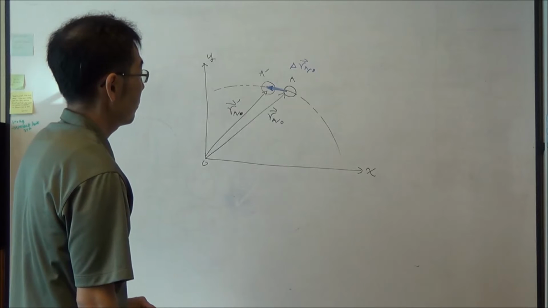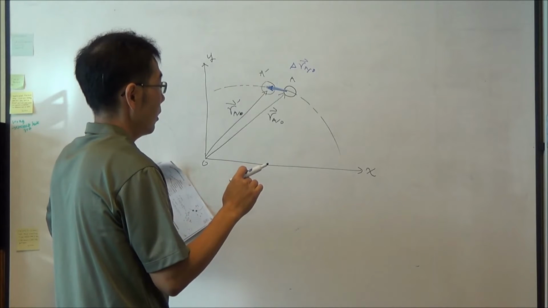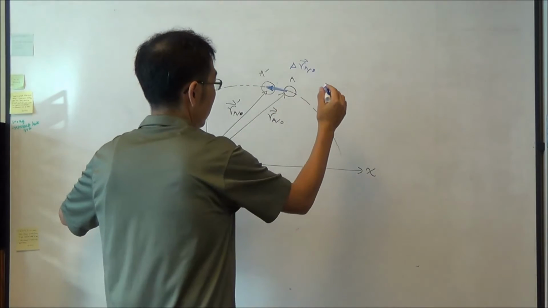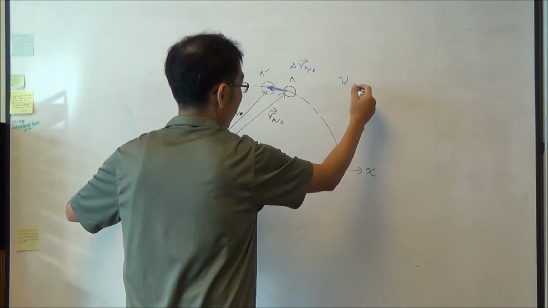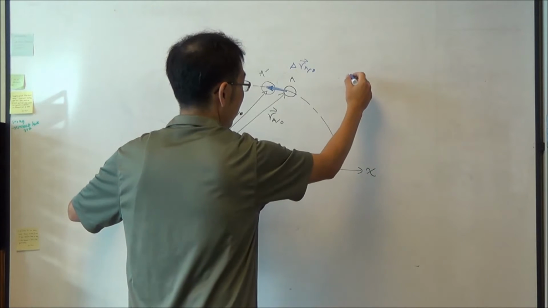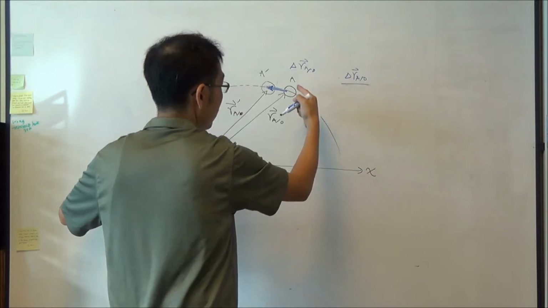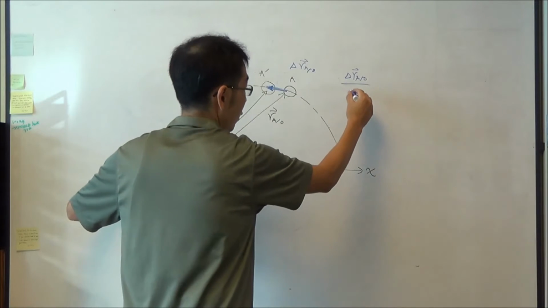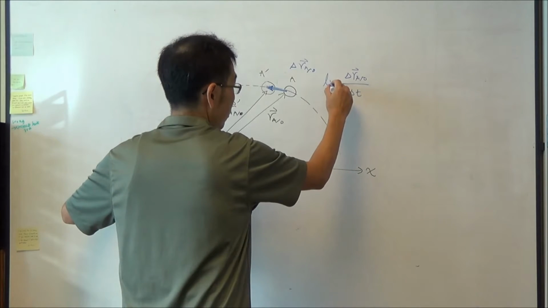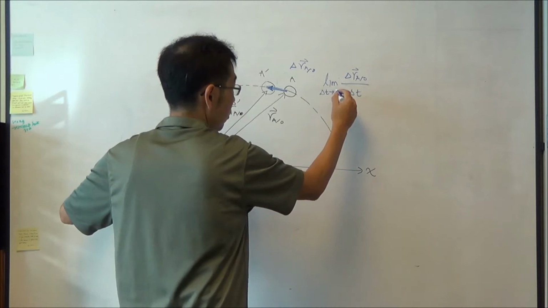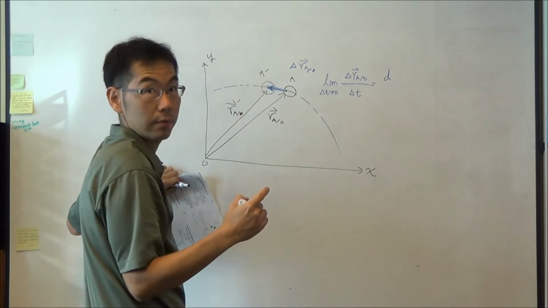And then if you just take the velocity, so if you divide this kind of vector over a certain period of time, and then if you make that period of time almost zero, that's the definition of derivatives, right?